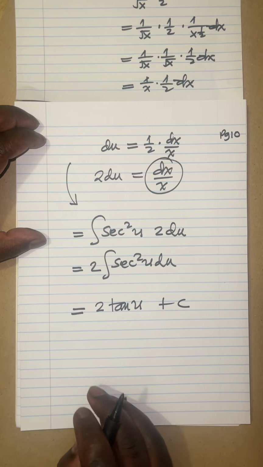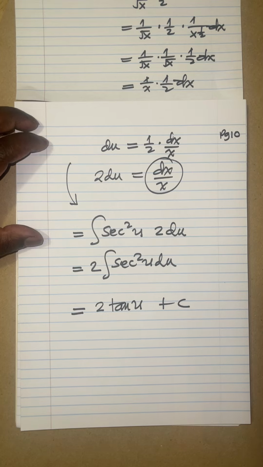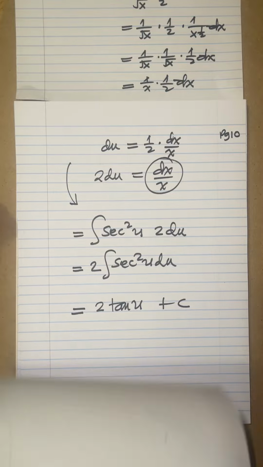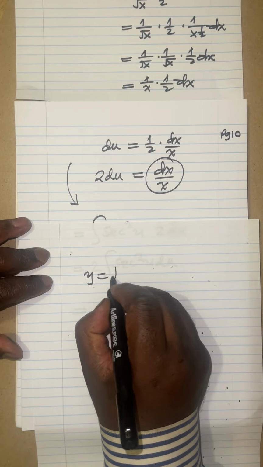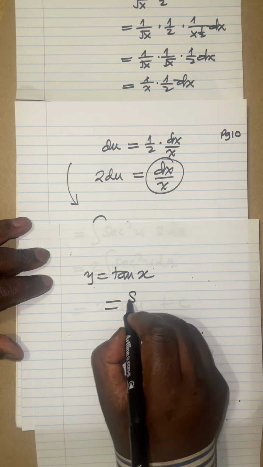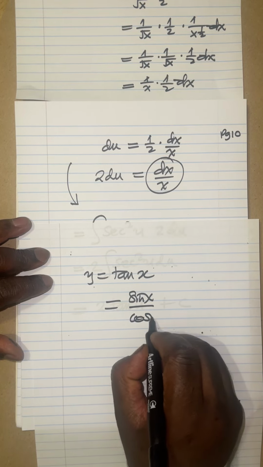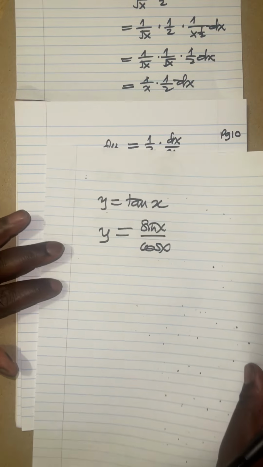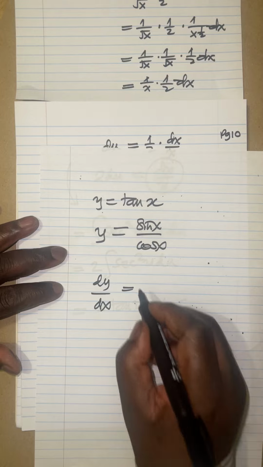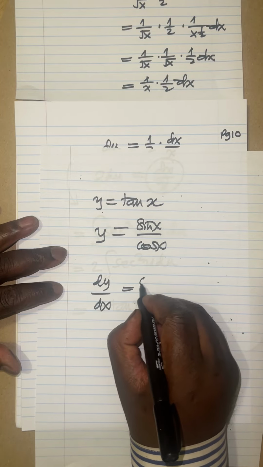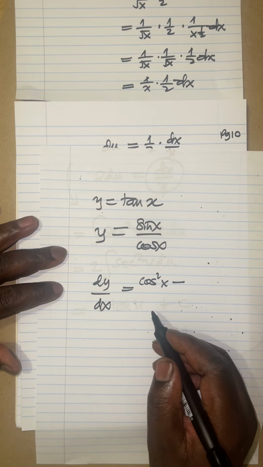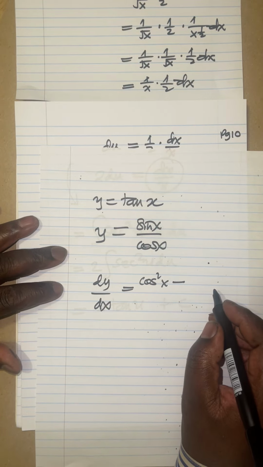Differentiate this, it will give you that. Do I have time here now? Let me just show you that derivative of tan is actually equal to sec squared. So we are saying y equals tan of u or x, and what is this? This is sine x over cos x. Don't forget that. And using quotient rule, dy dx will be equal to derivative of the numerator, which is cosine, times the denominator, so it will be cos squared x, minus derivative of the denominator, which is minus sine, times sine, is minus sine squared.